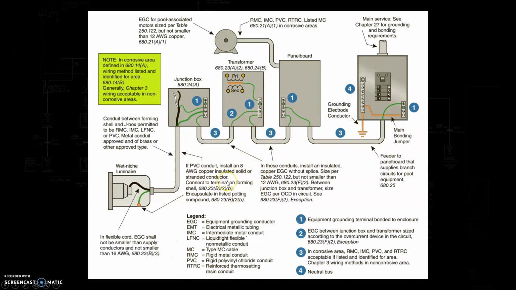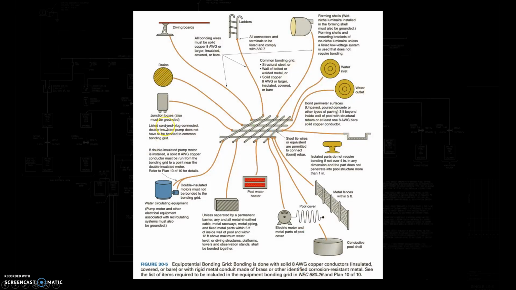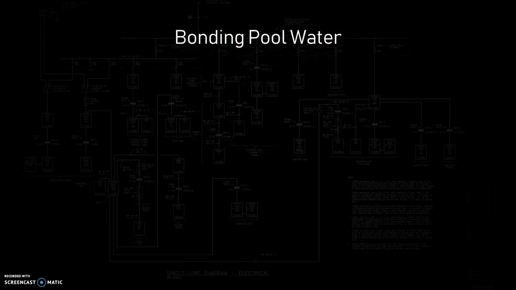Again, just take a look at this. It's some very technical, code reference stuff, but I will explain a couple of key terms coming up in a bit. And this is another chart of what all needs to be bonded and grounded. If you can think of it, it was probably on one of these two charts we just looked at.